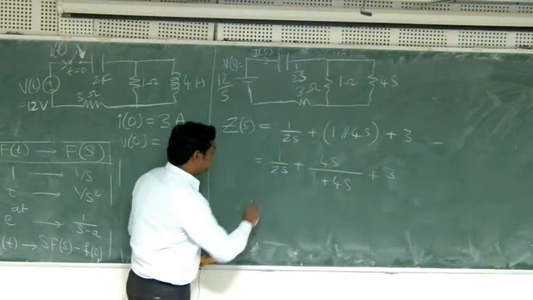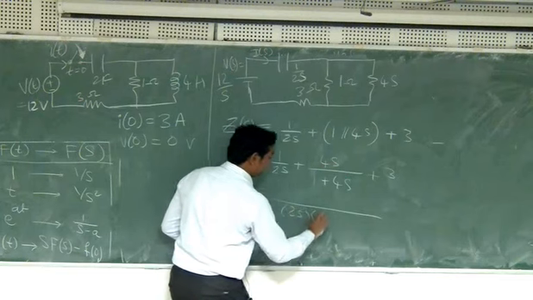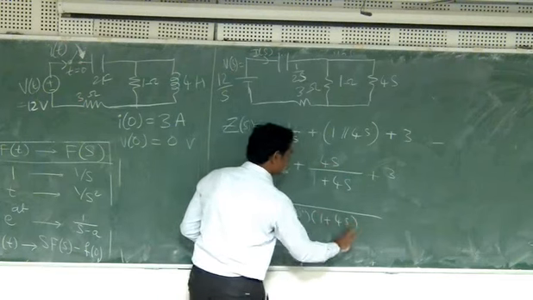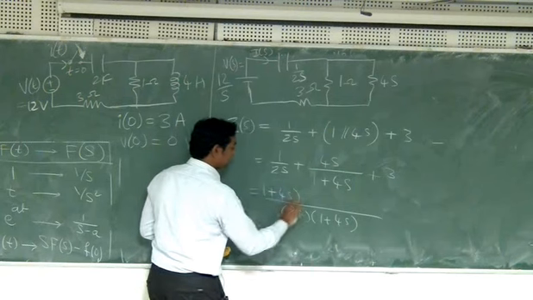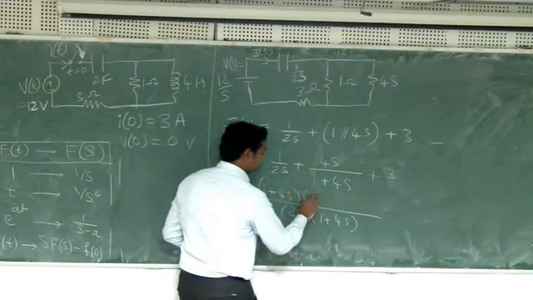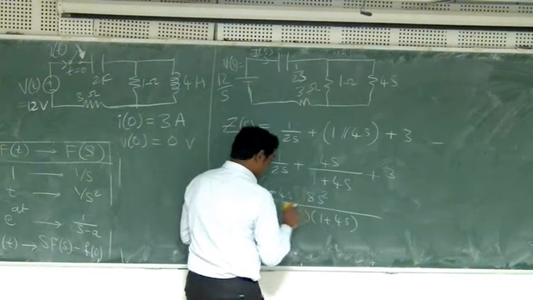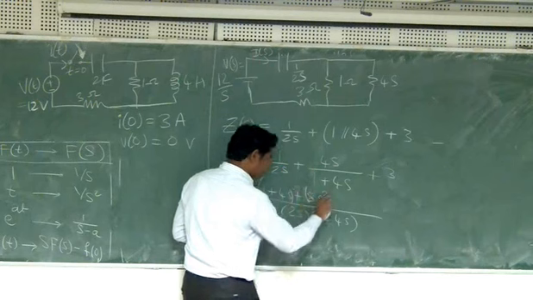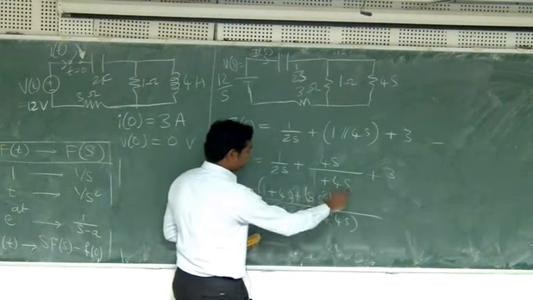Now I can further simplify. 2S multiplied by 1 plus 4S, and this one will be 1 plus 4S, and this one will be this into this, so 8S square, plus this into all of this.